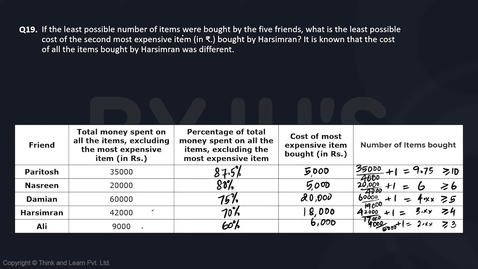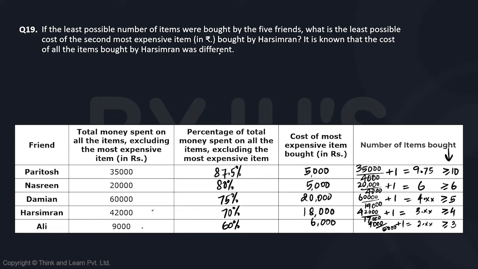If the least possible number of items were bought by the 5 friends, so we're talking about the least number of items that we just saw, what is the least possible cost of the second most expensive item bought by Har Simran? It is known that the cost of all the items bought by Har Simran was different.